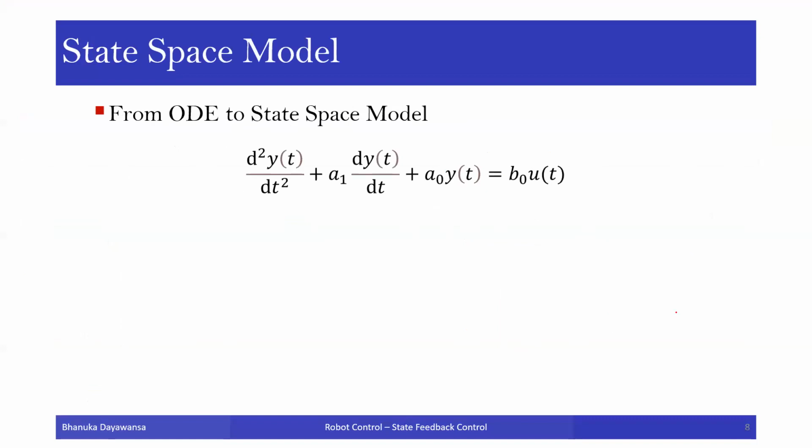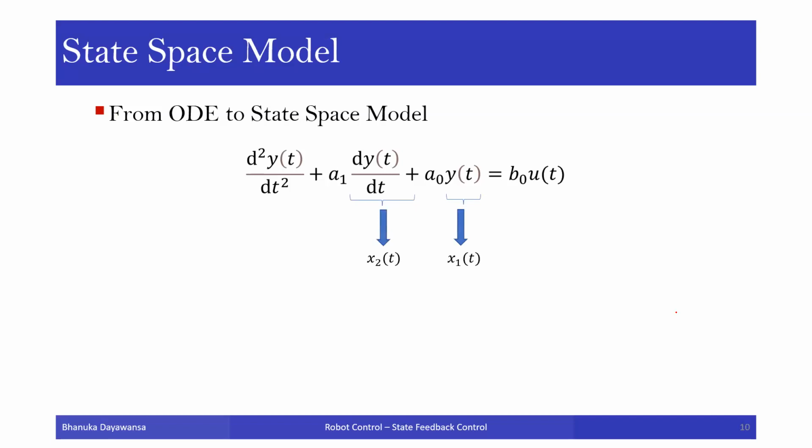So, a recap of the state space model. If you have a second order differential equation, you can write it in terms of state variables. You get y(t), the lowest order term, as our first state variable, then the second state variable.